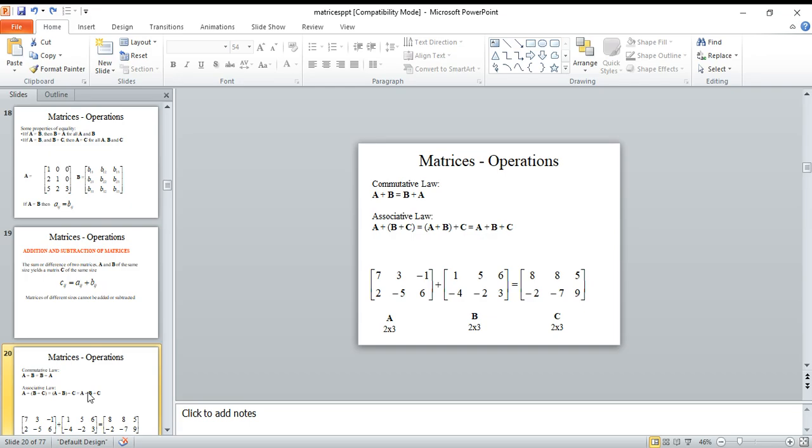Minus 1 plus 6 is 5. In the second row, 2 minus 4 is minus 2, minus 5 minus 2 is minus 7, 6 plus 3 is 9. This is C. This is addition of matrices. Simply add the elements in the same places of same size matrices. Matrix addition and subtraction are allowed only for matrices of the same size.